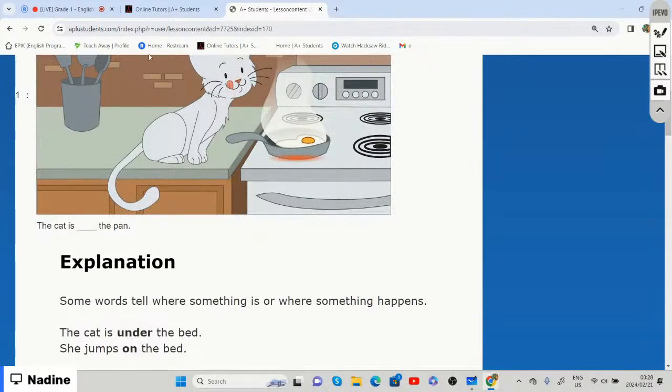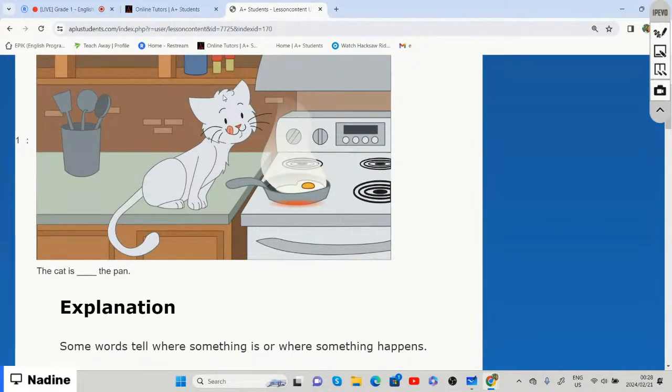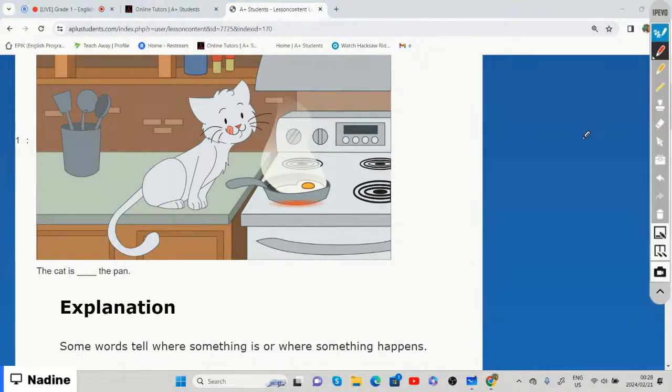All right, so if we were to choose or say where our cat is, like I said, the cat is over here. Here we have our cat on the counter. So the cat is sitting on the counter. And here we have our pan that is on the stove. And the stove is next to the counter, which means that the cat is next to the pan.